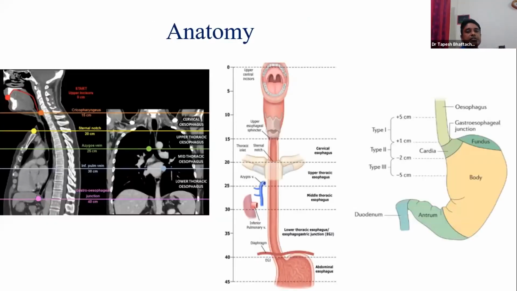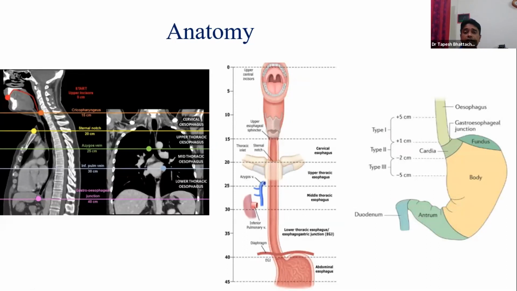Already Dr. Biprodas has mentioned the anatomy of the esophagus, where all these landmarks are very important. Cervical esophagus is from 15 to 20 centimeters from the incisor tip. Upper thoracic is from 20 to 25. Actually, the landmark is the azygos vein anatomically. Middle thoracic is from the azygos vein to the inferior pulmonary vein, around 30 centimeters, and 30 to 40 is the lower esophageal tumors.